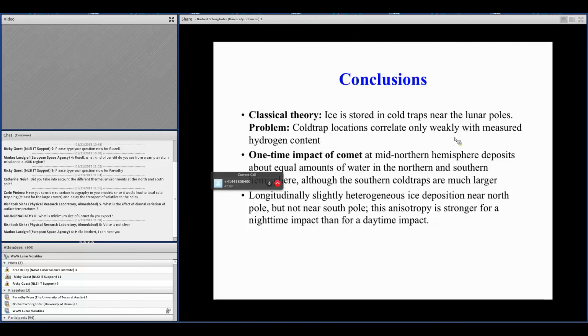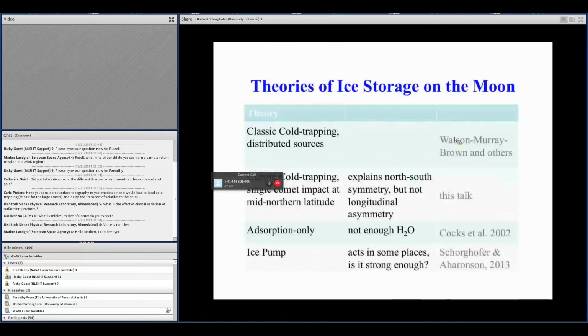And as a last slide, let me just show a list of theories of ice storage on the moon. The first is, of course, the classical cold trapping theory, which has been around for a long time, where water gradually accumulates in the cold traps.